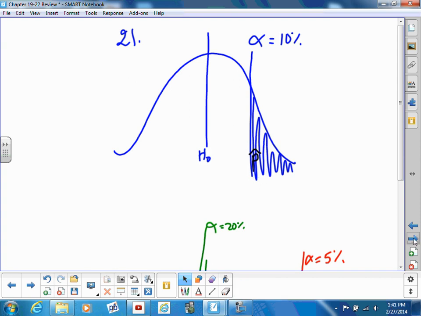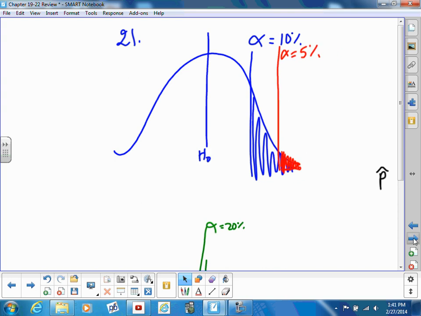So the question is, would that sample still be statistically significant at the 5% level? There's a possibility, perhaps, but not necessarily. Because is this sample in the red rejection region? No, but it might be, because I said it could be here, or here, or here.